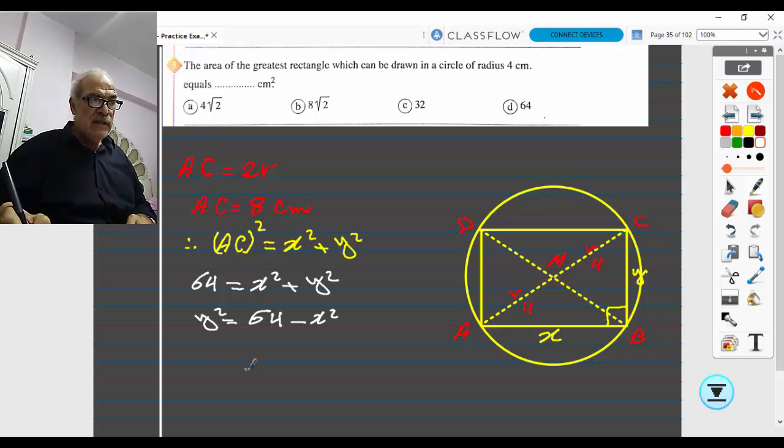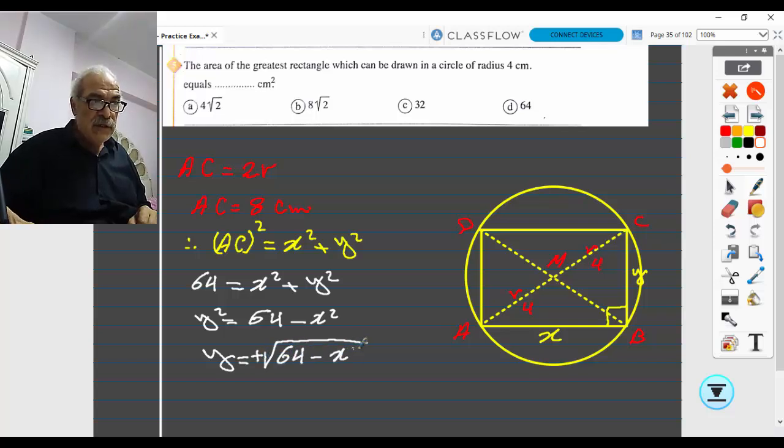Okay. And here we have Y equals positive because it is the length. Y is the length of BC, so it will be positive square root of 64 minus X square. The question is about the area of the greatest rectangle.